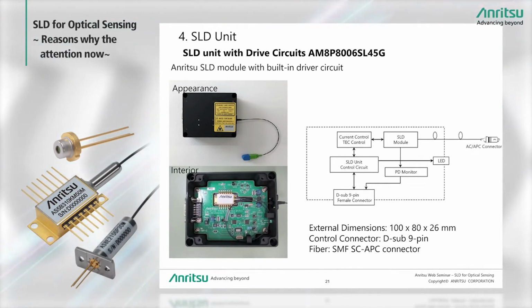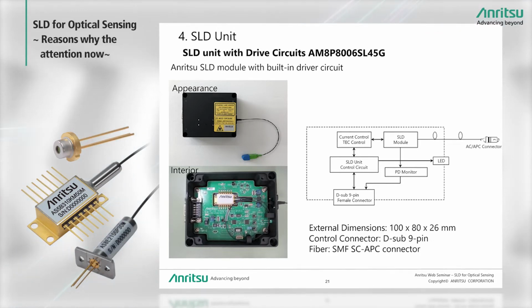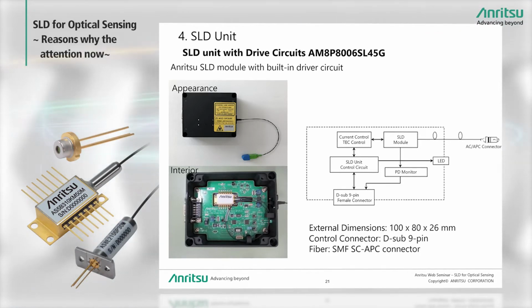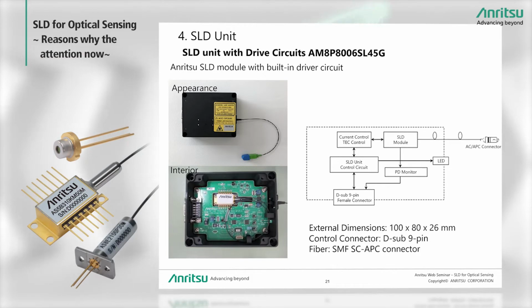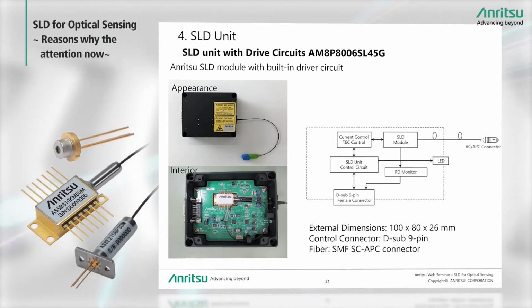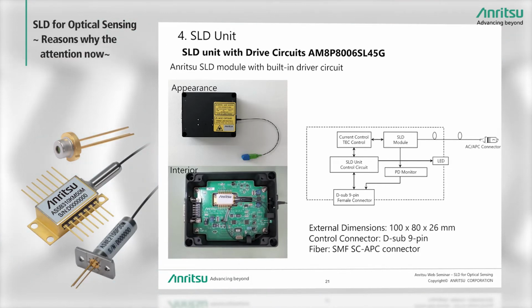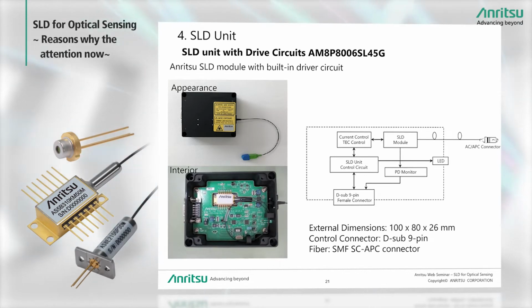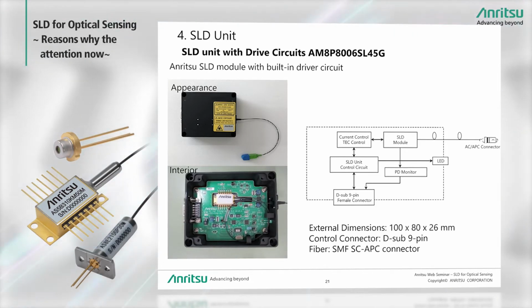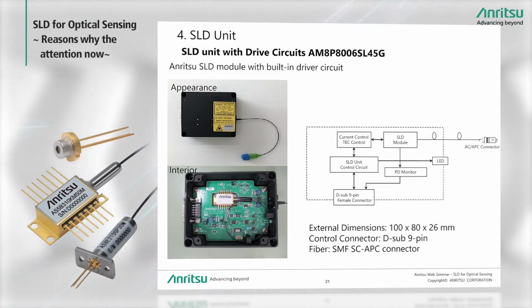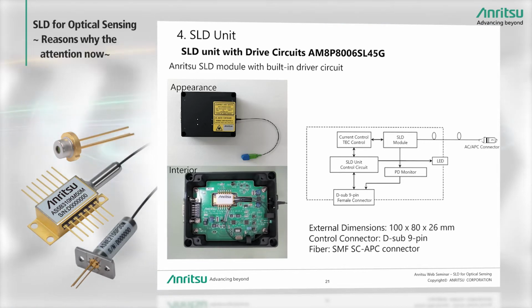The optical output is via a single-mode fiber, as shown in the circuit block diagram. The control circuit controls the SLD module current and sends a signal to the TEC circuit. The optical output from the SLD module is monitored by this PD to maintain the output power constant.